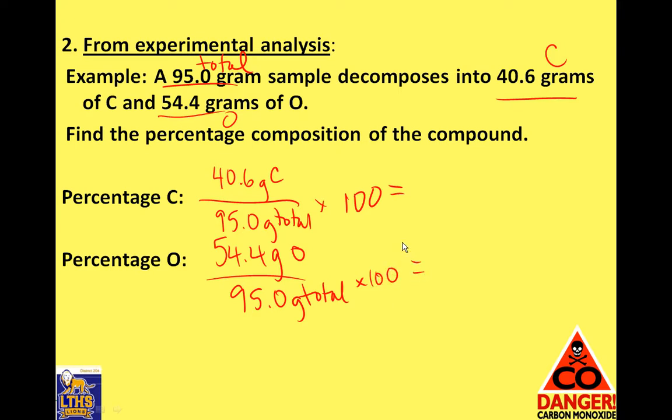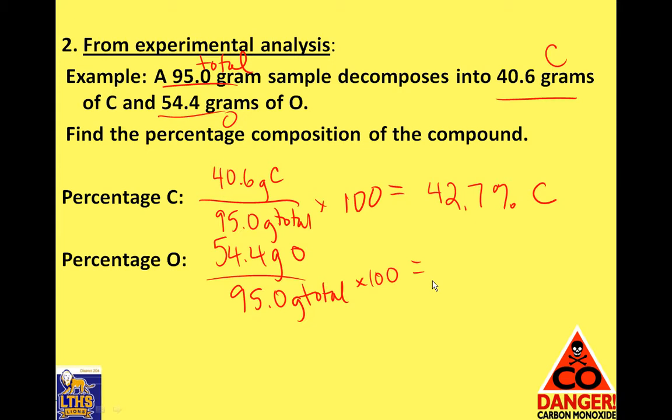We got 40.6 divided by 95.0, and we get 42.7% carbon, and then this one, 54.4 divided by 95.